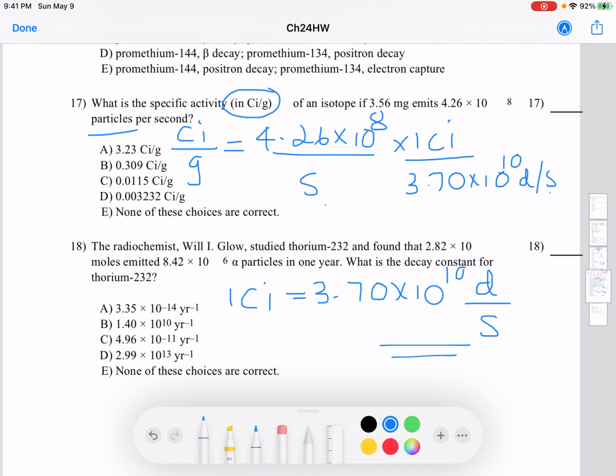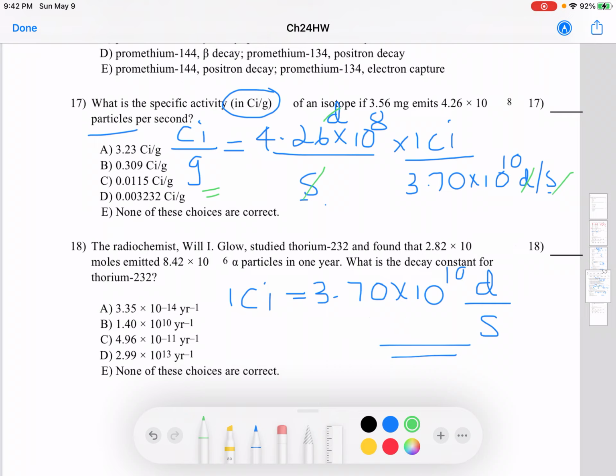Now this second and this second over here will get cancelled. So now we have Ci over D. This 4.26 particle emission is normally the disintegration D. So that D and this D will cancel. This S and this S will cancel. Our goal is to get it in this unit. Now we have Ci already.